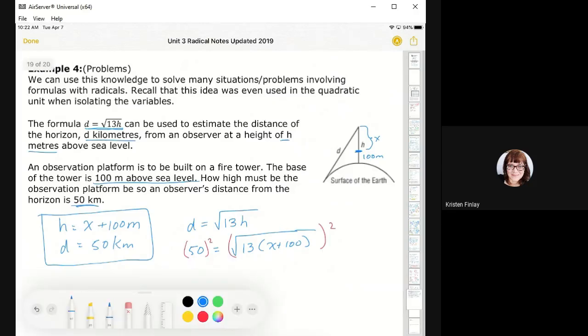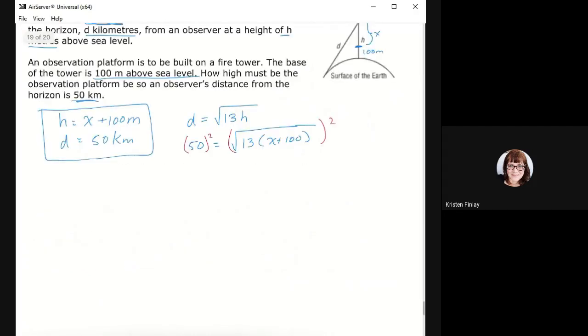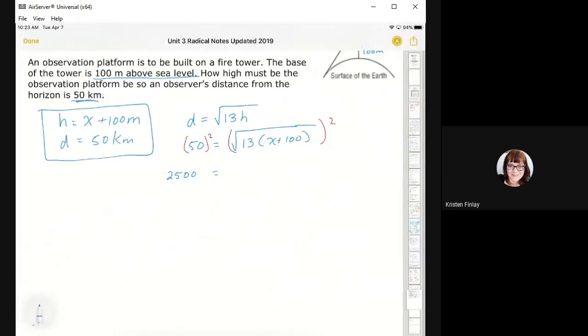And when we do that, we're going to get 50 squared is 2500. And here we'll get 13 times x plus 100. We can expand that. So 2500 equals 13x plus 1300.